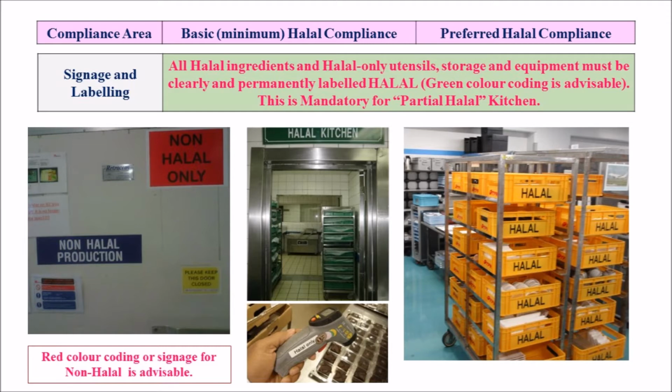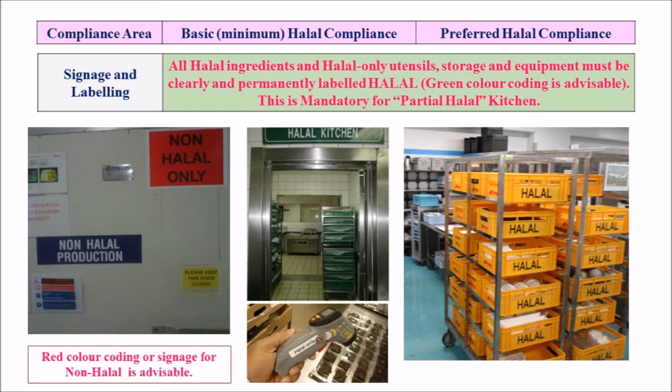If you have a total halal kitchen, you don't need all this signage, because it's total halal, like in Malaysia, Brunei, and Indonesia catering. But for a partial kitchen, you need proper labeling and signage for halal areas or equipment and so on.